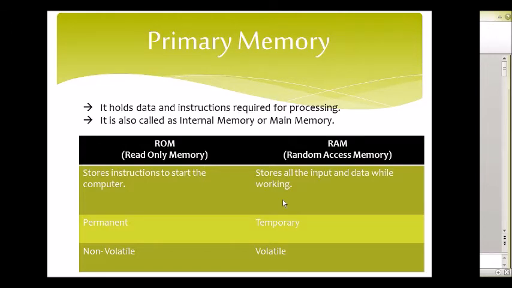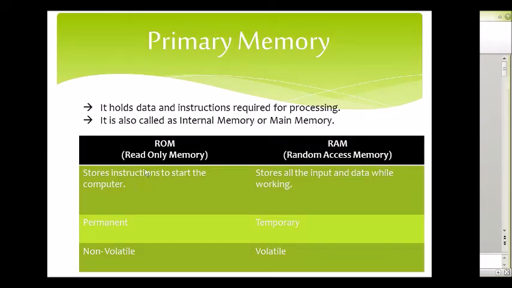For example, you have saved one Word document in your computer, and after 10 days you want to open it and add some more data in that, some tables or some more text you wanted to type. So when you open that Word document and you are working, that particular Word document which you open is copied or stored in this RAM, random access memory.